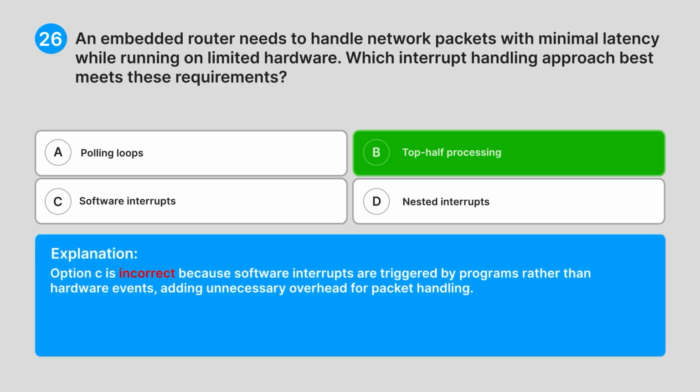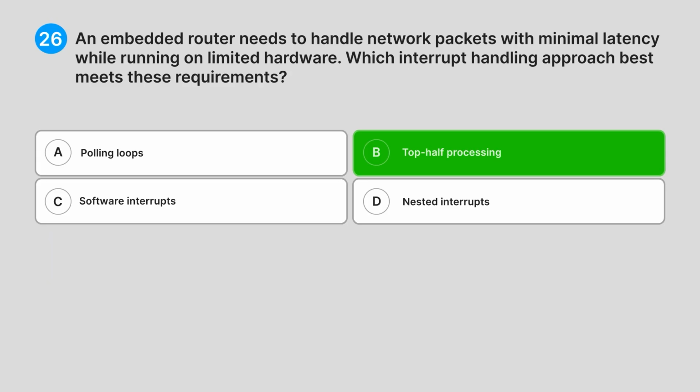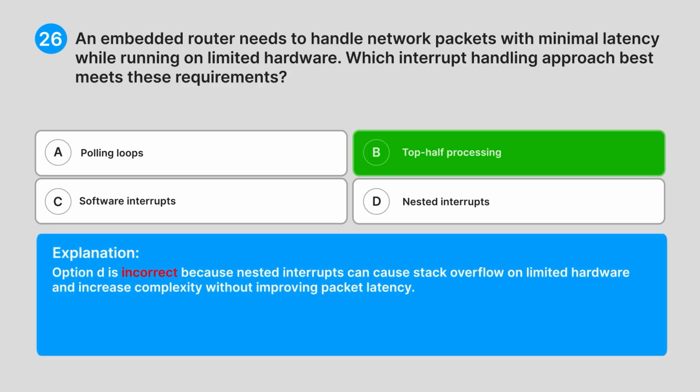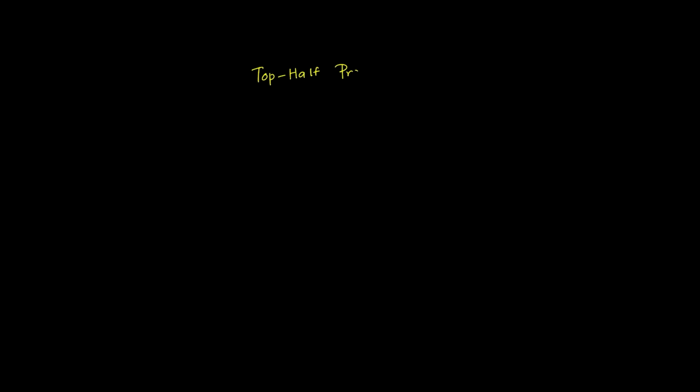Option C is incorrect because software interrupts are triggered by programs rather than hardware events, adding unnecessary overhead for packet handling. Option D is incorrect because nested interrupts can cause stack overflow on limited hardware and increase complexity without improving packet latency. Top-half processing is an elegant solution for handling time-critical interrupts efficiently.